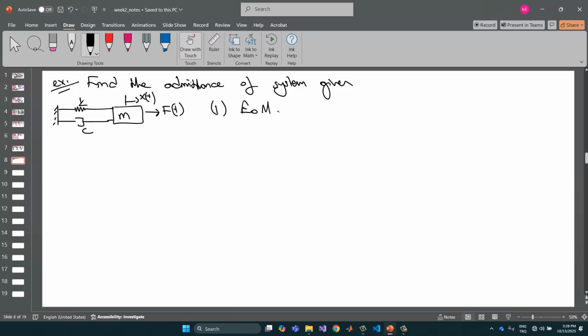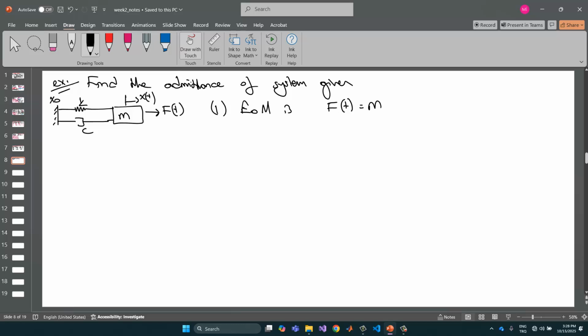Yeah, so we have the given input and we obtain the output. What is the output? Output is position, right? And so F(t) equals what? If you pull this mass, this resists, and this resists, but in which way?